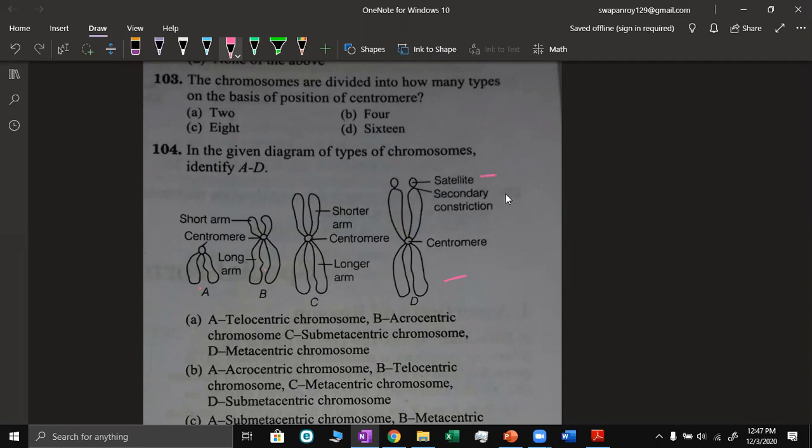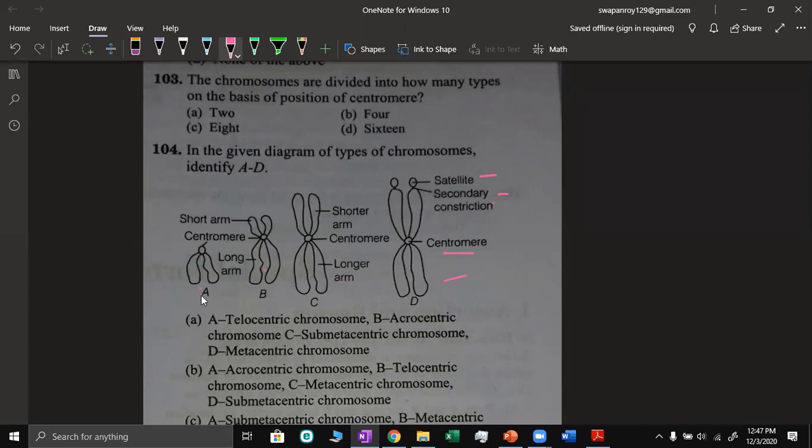This is the satellite, secondary constriction. This is the secondary constriction, centromere. Here is the centromere, shorter arm, longer arm. This is the short arm again, long arm, and this centromere at the end.